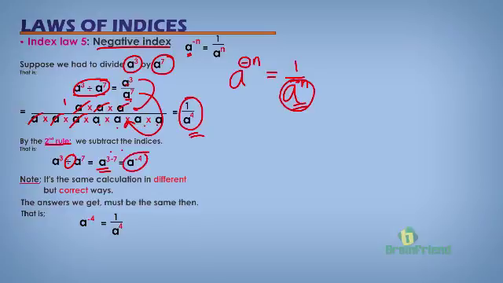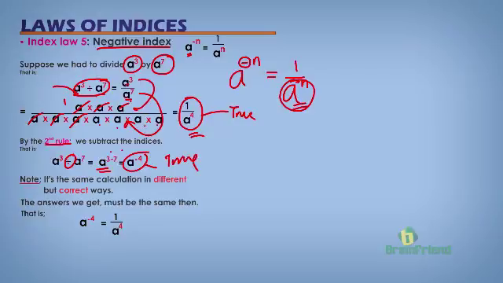So what have we done here? We've solved this expression in 2 different ways. And of course, the answer we got in this instance is true. And also the answer we got using our laws of indices is also true.